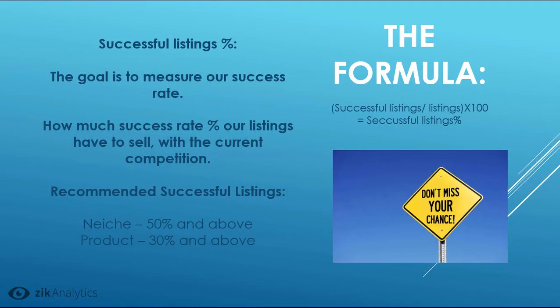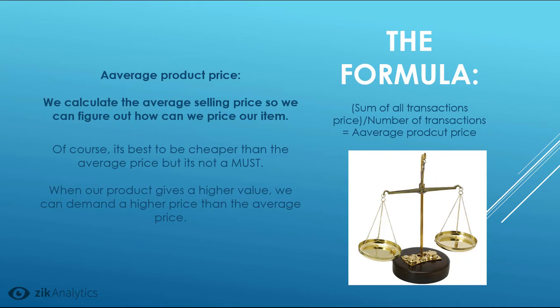Next we have the successful listings, which shows what percentage chance we have to sell our item if we join the competition. That's all the listings that were sold, divided by all of the listings, multiplied by 100. The last one is the average product price, where you take the revenue of all the transactions, divide it by the number of transactions, and you get the average product price.